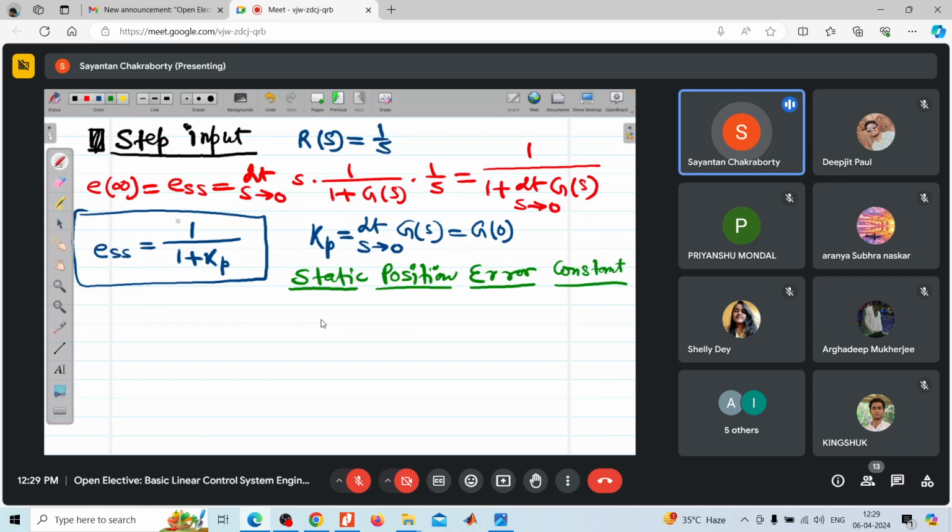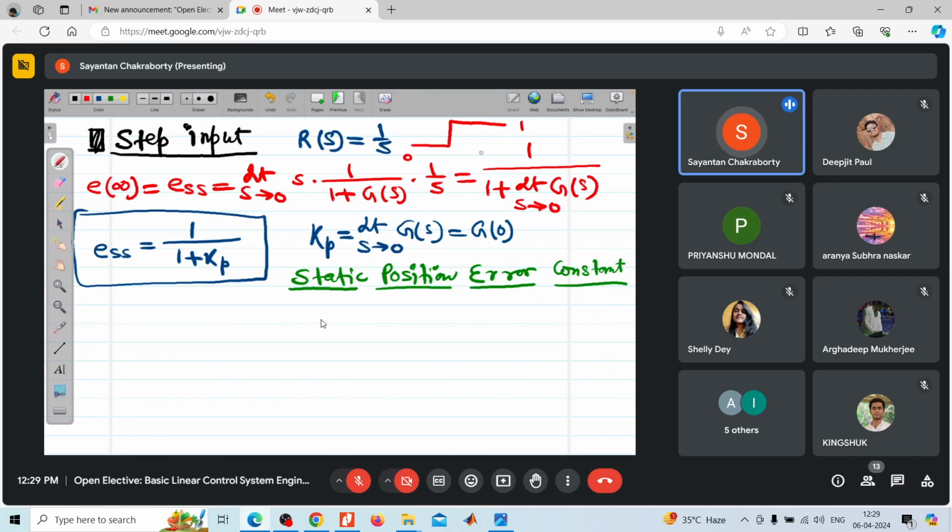Now, why position error constant? There is a notion that if you represent this entire problem statement in terms of a position control system, or in terms of position, velocity, acceleration, then for step input, you can consider this step input to be a position command that is given. Say you are in a rotational system, you are at a position theta, move to theta plus alpha or theta plus 1.